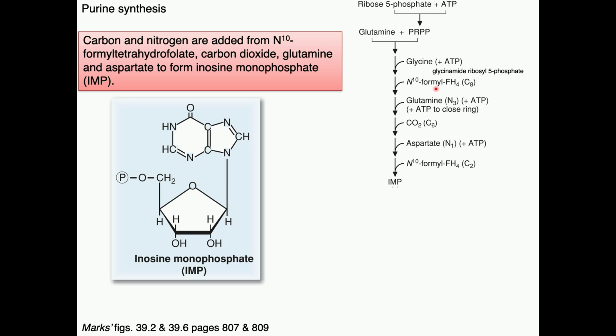So that's another carbon donor. We also get carbon from carbon dioxide. So we're getting all these atoms built one atom at a time from these diverse sources to build this ring. And the common intermediate for both adenosine and guanosine biosynthesis is inosine monophosphate, shown here.